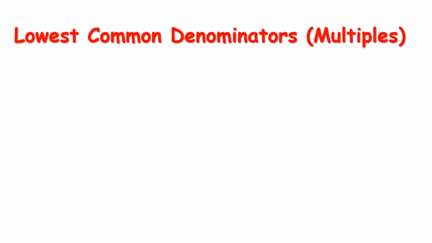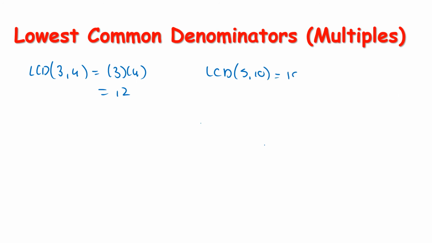Why do you think that? I'll do it as lowest common denominator, 3 and 4 is 12, which is just literally 3 by 4, so I'll write it as 3 by 4. Why is that 3 by 4? And why is the lowest common denominator of 5 and 10 just 10? Not 5 by 10.